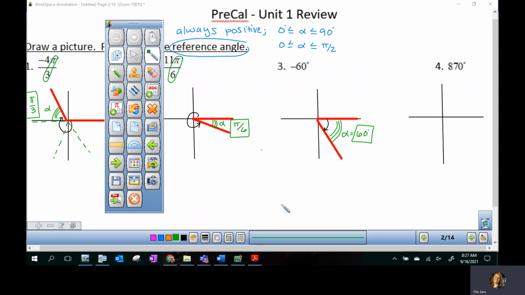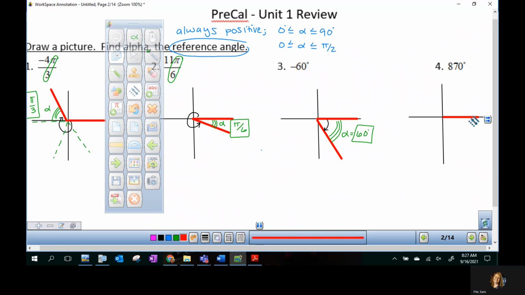All right, last but not least, this is more than one revolution, one turn around the circle, right? What's one lap around the circle? What would another lap be? 720. So how much past 720 am I going?